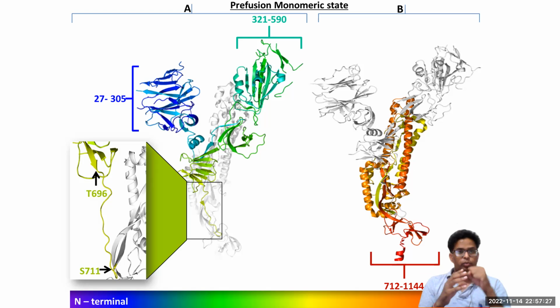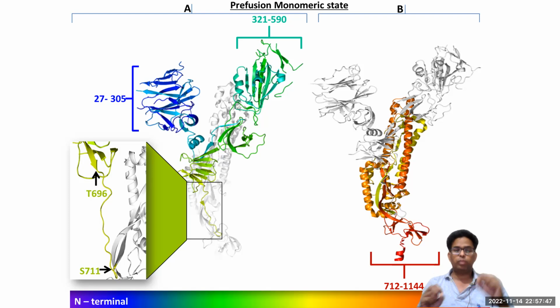So the globular protein 27 to 305 comes first, and it hangs on the cytosol. Understand? Then the receptor binding domain also comes and hangs on the cytosol. So both globular proteins hang on the cytoplasm, and after that, 696 to 711 is a very large loop.